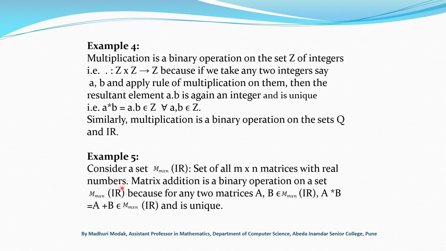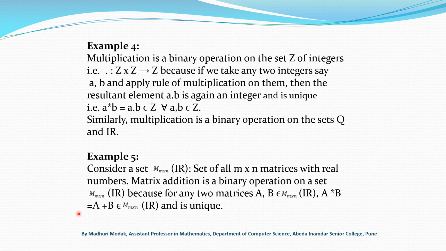Now, matrix addition is a binary operation on this set, because if we consider any two members of M by N R, meaning any two matrices, say A and B, in that set, so both are M by N matrices with real entries. Then star means matrix addition, A plus B. So addition of two M by N matrices is again an M by N matrix.